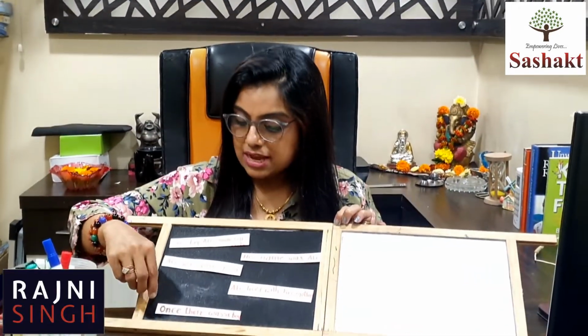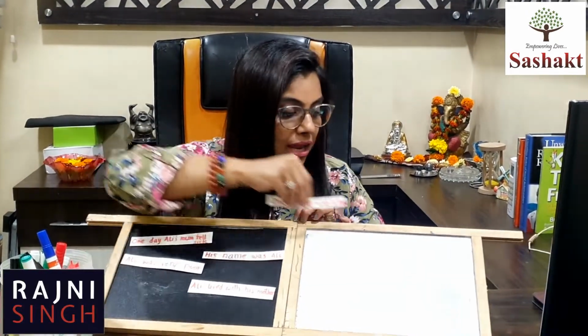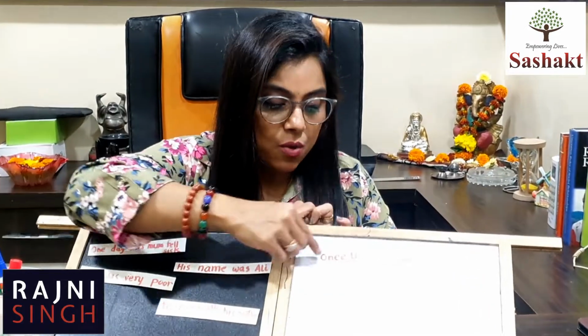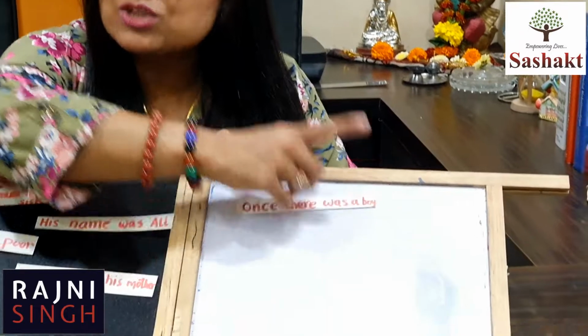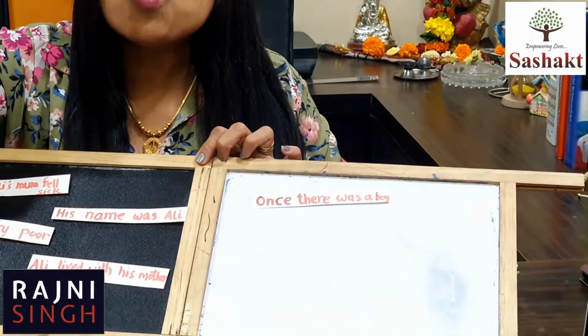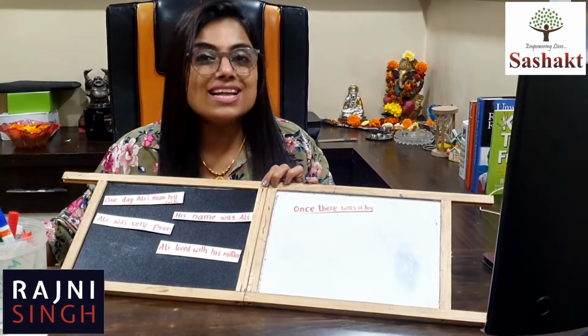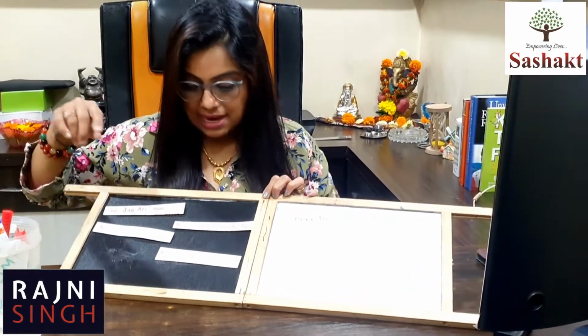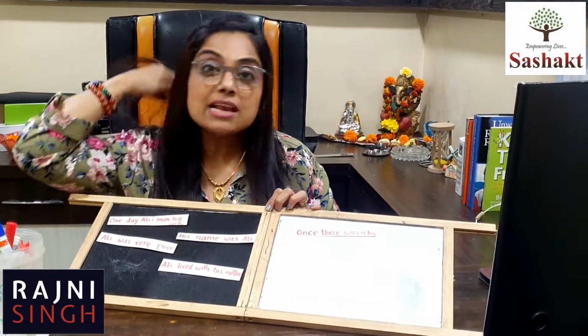Okay. So first we will say, okay beta, once there was a boy, and you put it here. You say, okay, read, once there was a boy. So we will start our story like this. First sentence, once there was a boy. Next sentence, what is the boy's name? What should be the next sentence? Tell me, bacha.